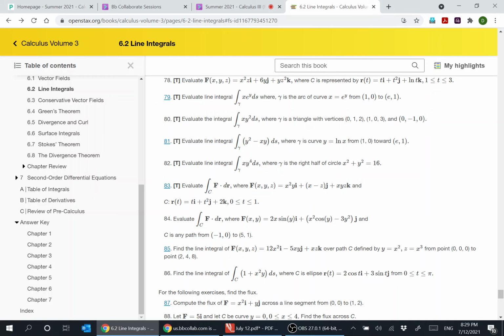Well, x squared sine y, x squared sine y, right. But this is really a problem for the next section. Let's hold off on number 84, and look at it in the next section.